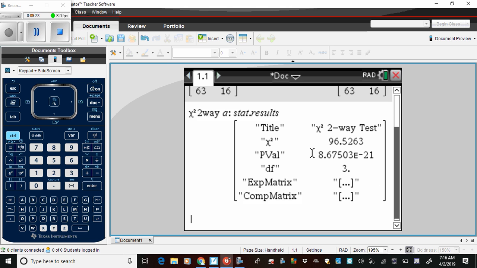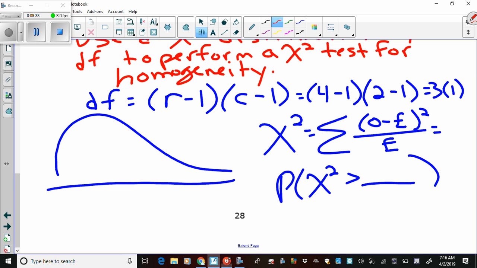So, my chi-squared statistic is 96.526. And that leads me to a p-value that's approximately 0.